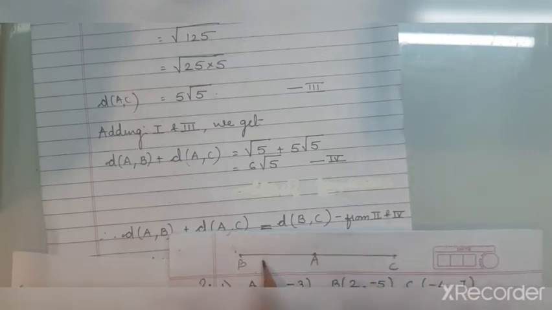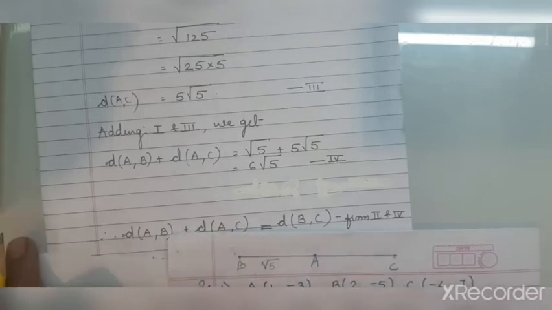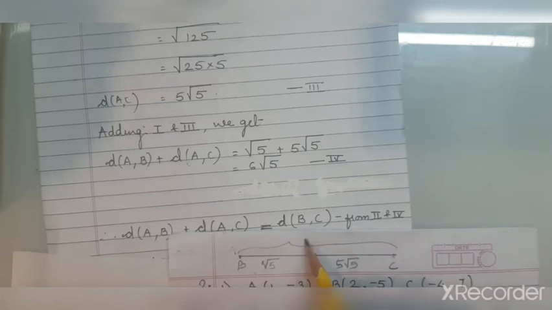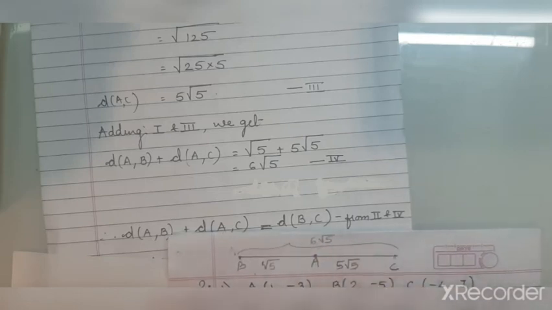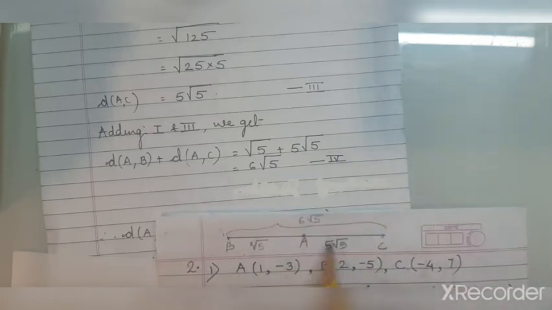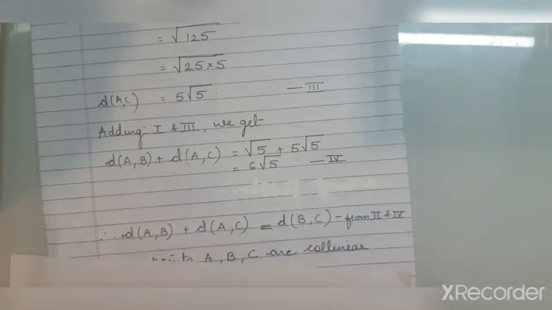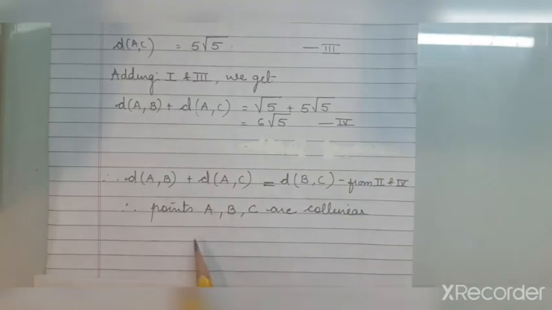So AB was root 5, AC is 5 root 5 and together it is 6 root 5. This betweenness we had studied of 3 collinear points. Therefore, we can say that points A, B, C are collinear, because the addition of two distances is equal to the third distance.